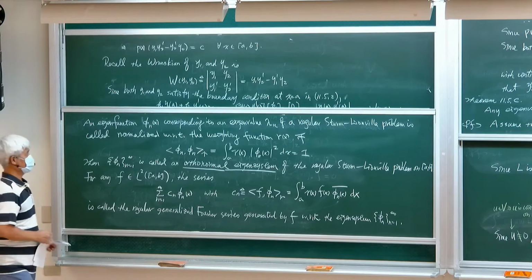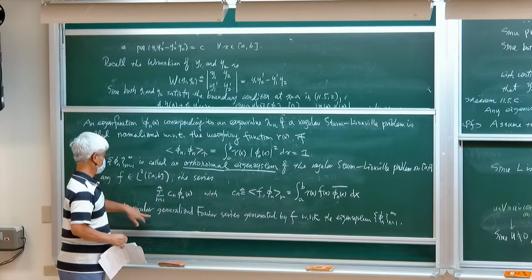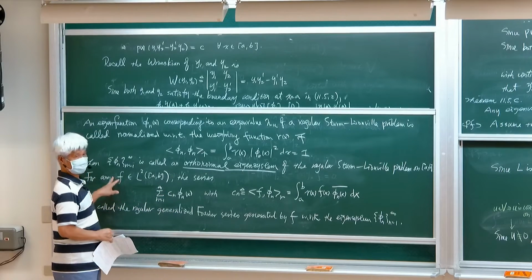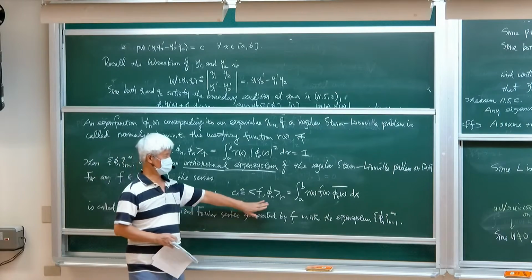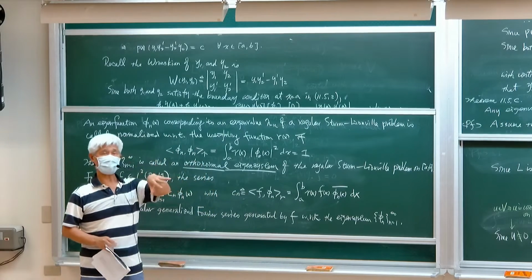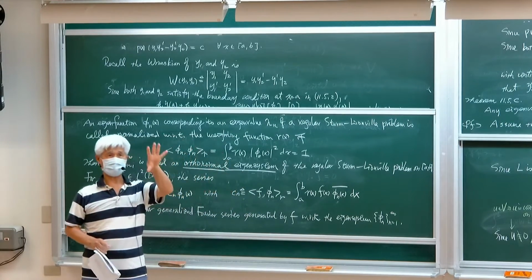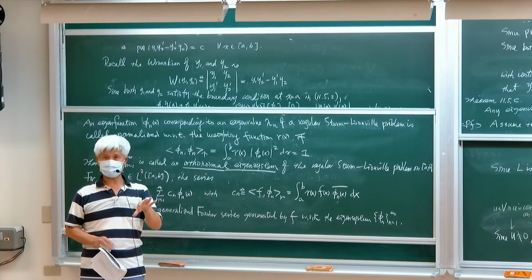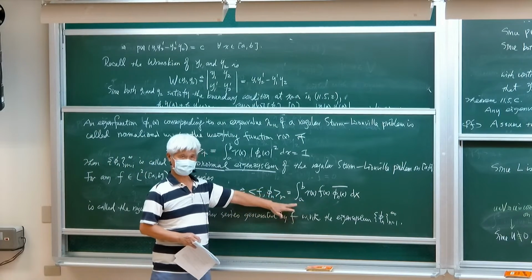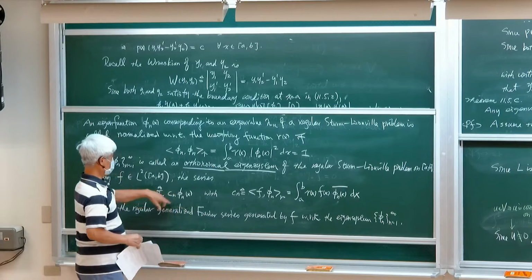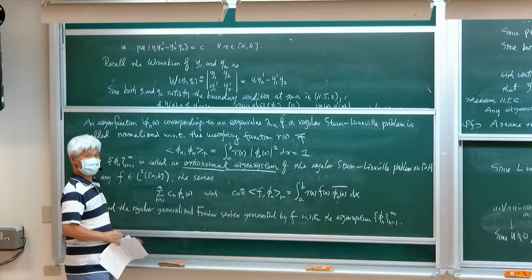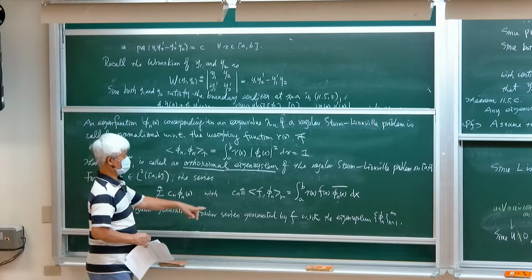This series can be constructed for any square integrable function, because f is in L2 and phi is also in L2. Every eigenfunction is in capital V, and capital V is a vector subspace of L2 space. So this integral has finite value, and with the coefficient we can construct this series. Such a series always exists for every square integrable function.